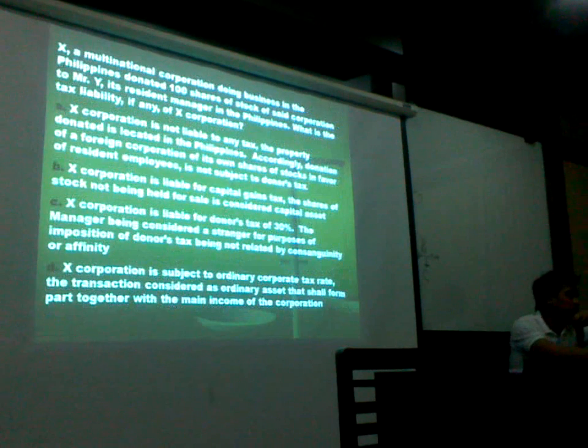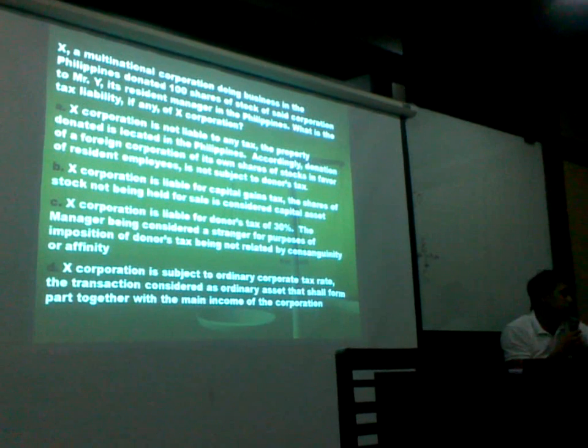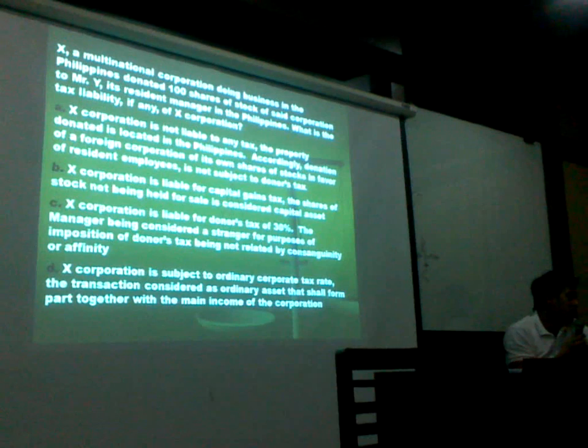Another example of analysis where you are going to apply provisions or concepts or principles of taxation to a particular situation. X, a multinational corporation doing business in the Philippines, donated 100 shares of stock of said corporation to Mr. Y, its resident manager in the Philippines. What is the tax liability, if any, of X corporation?